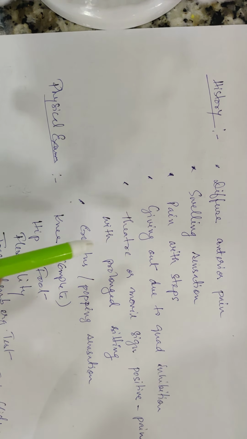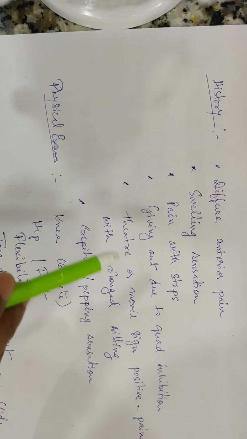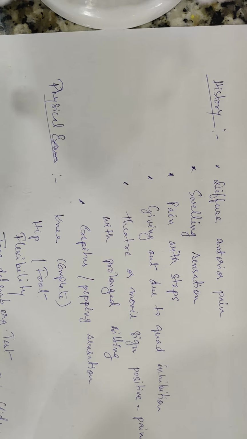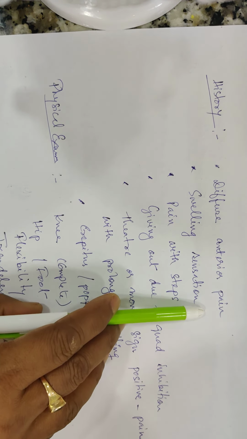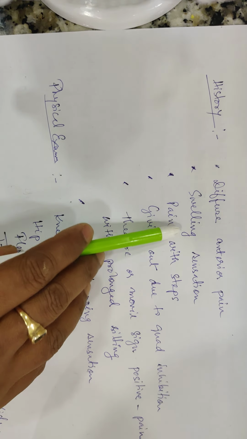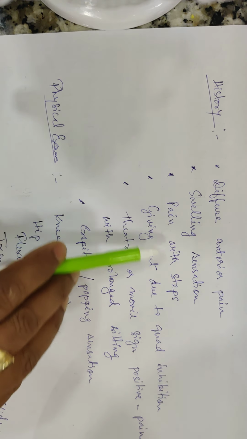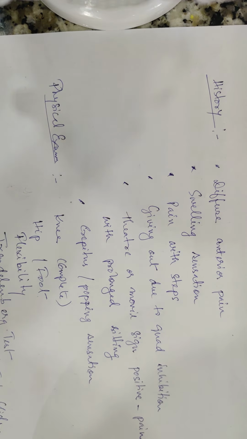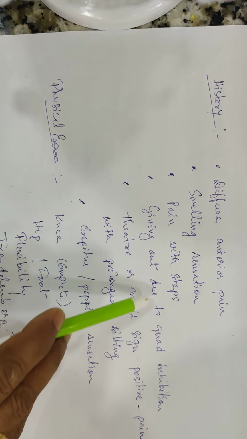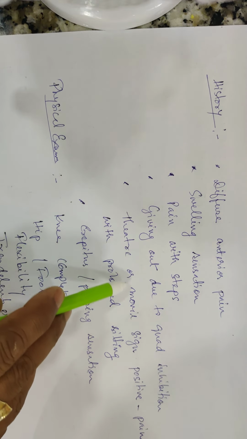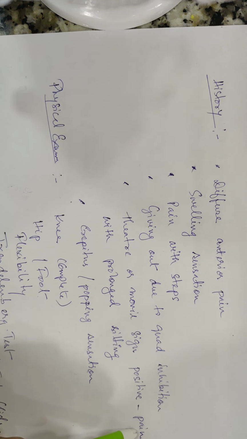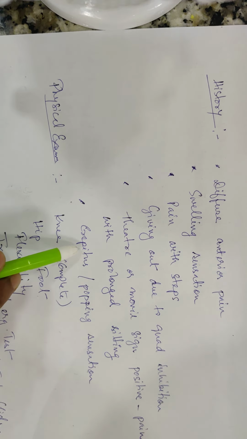Now, this kind of patient will give a history of diffuse anterior pain, swelling sensation, pain with steps, giving out due to quadriceps inhibition, theatre or movie sign positive, that is pain with prolonged sitting, and crepitus or popping sensation.